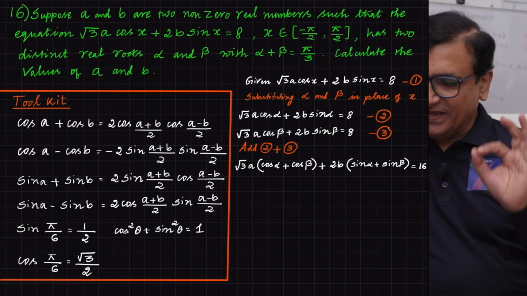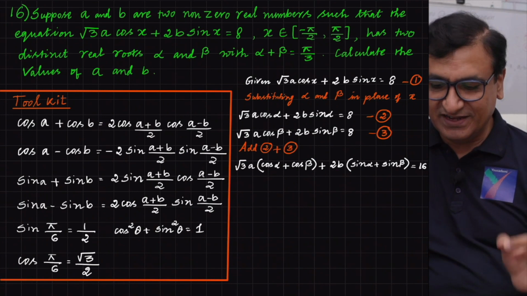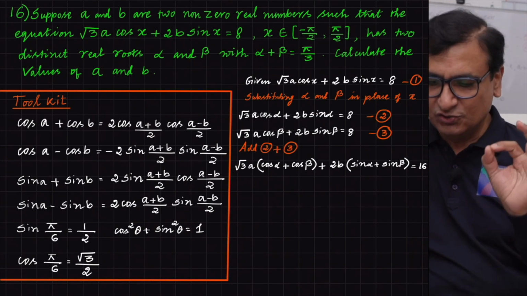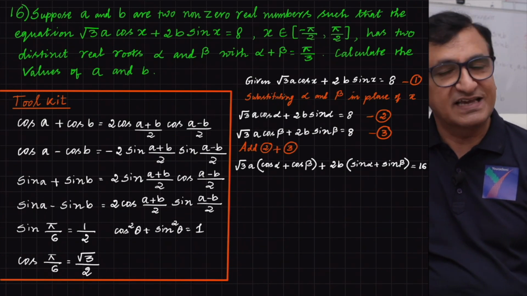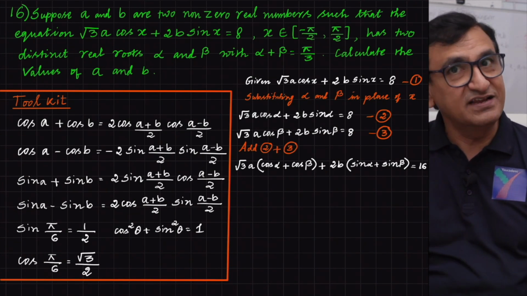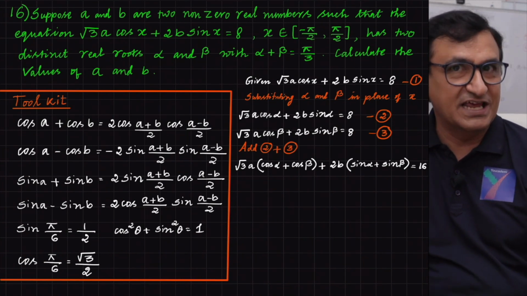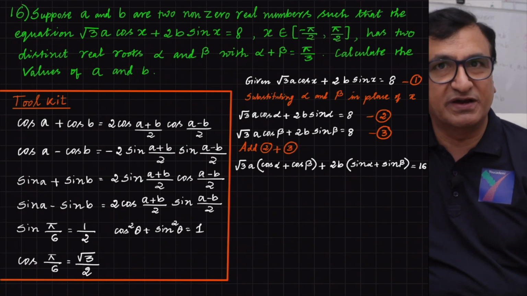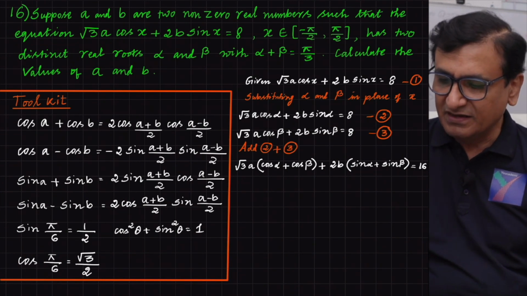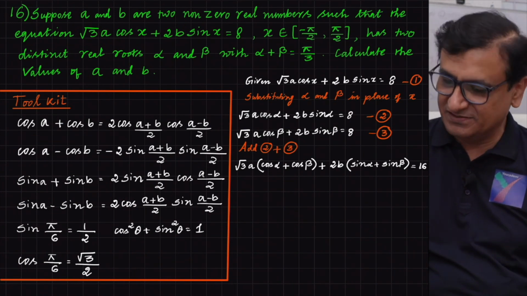Next, we have cos alpha plus cos beta, so I'm going to use the identity cos A plus cos B equals 2 cos of A plus B by 2 times cos of A minus B by 2. The second part of the expression has sine alpha plus sine beta, so I'm going to use sin A plus sin B equals 2 sin of A plus B by 2 times cos of A minus B by 2. Let me substitute these identities in the equation.